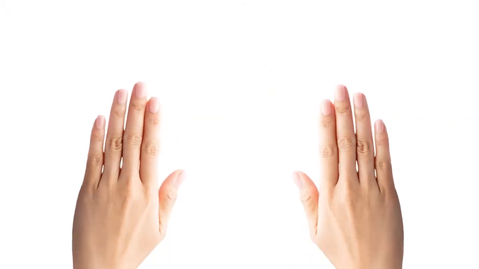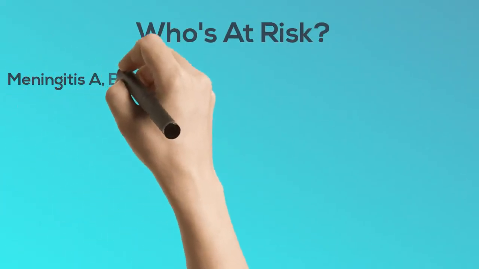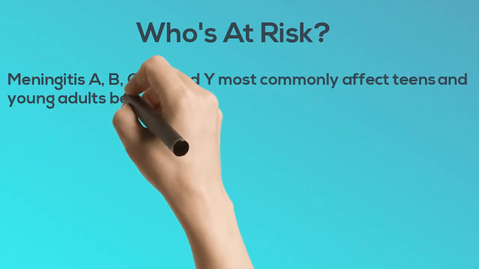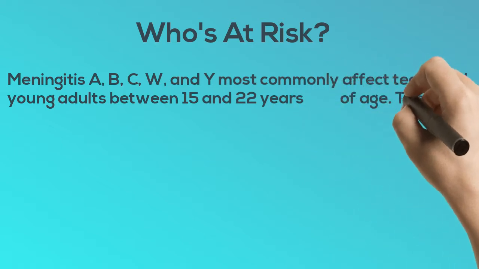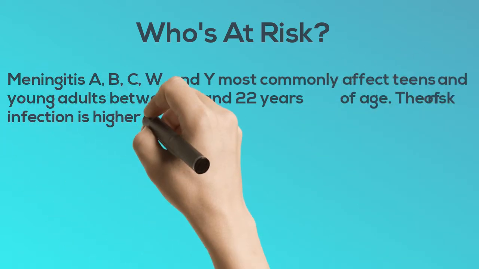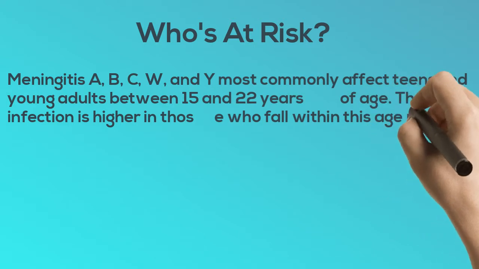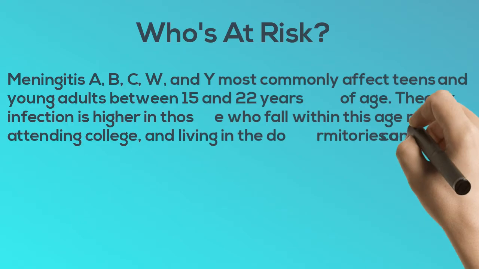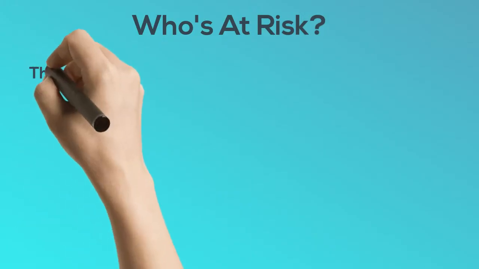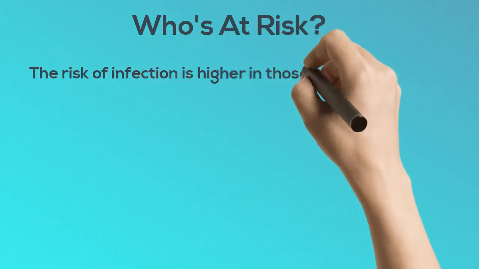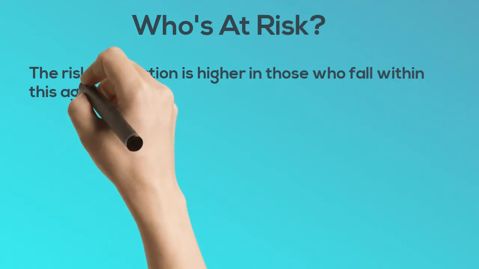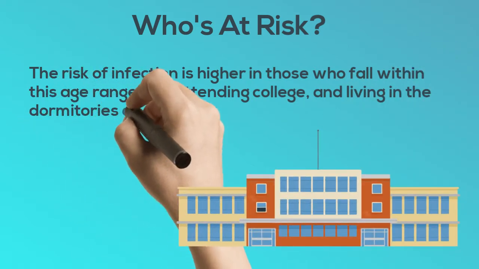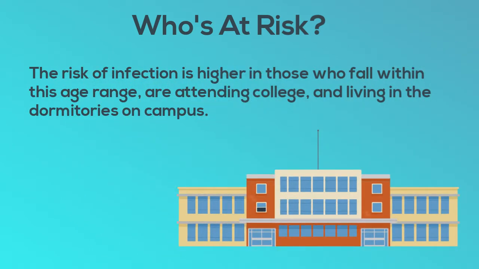So who's at risk? Meningitis A, B, C, W, and Y is most commonly affected in teens and young adults that range in age between 15 and 22 years old. The risk of infection is higher for those who fall within this age range and are attending college and living in dormitories on campus.